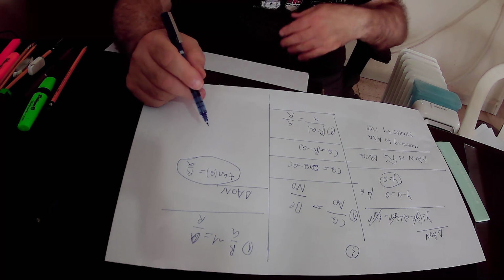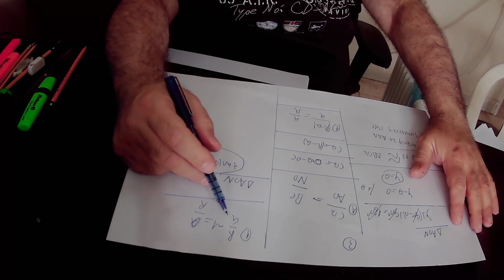That is to say, we can substitute R over A in equation number 1 by tangent theta.